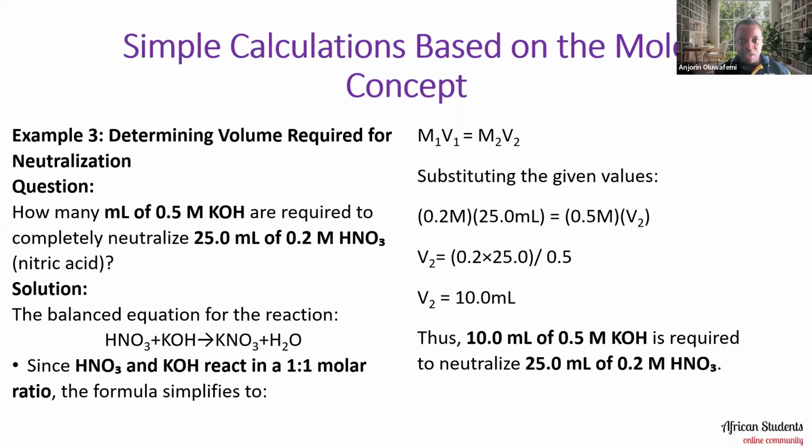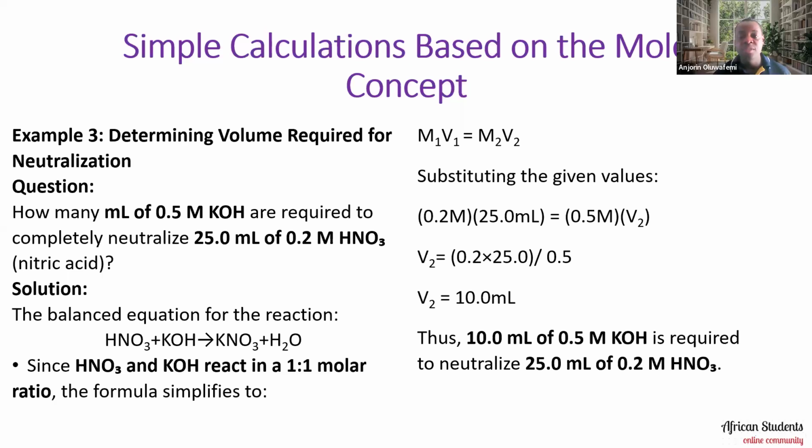You look at this formula and discover that we are not introducing N1 and N2. The reason is because it's a one-to-one relationship. The reason why we introduced N1 and N2 earlier was because 2 moles of sodium hydroxide reacted with just 1 mole of H2SO4. So for this one, we just go with M1V1 equals M2V2.